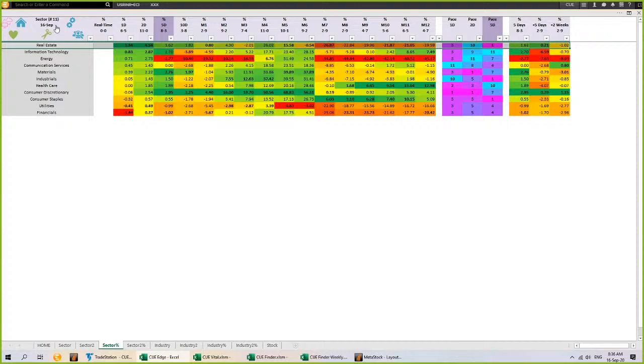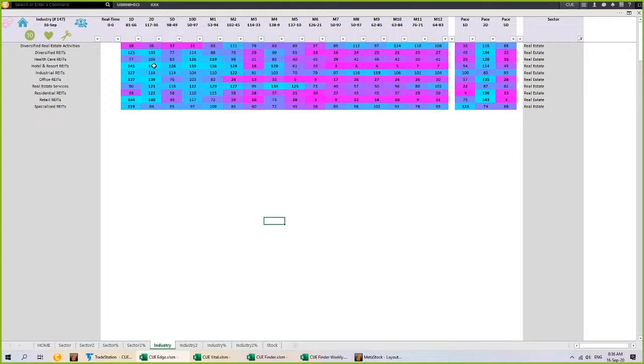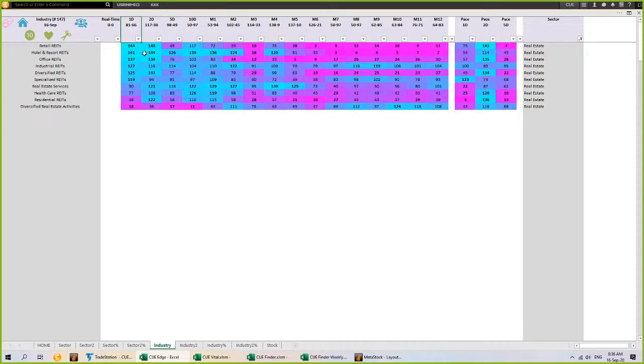So let's drill down into the industries in the real estate sector, and I prefer to use the scorecard. The heat map is very useful. It instantly shows which of the real estate industries are strongest.